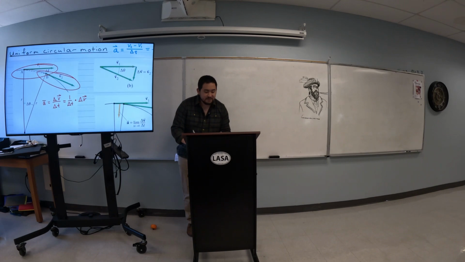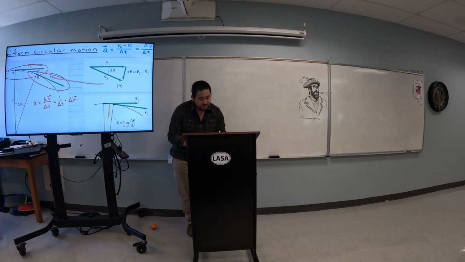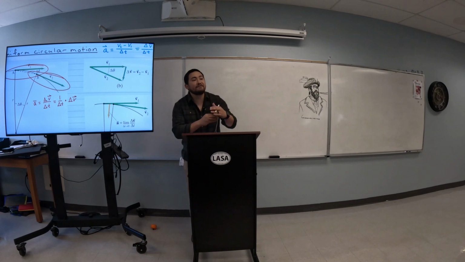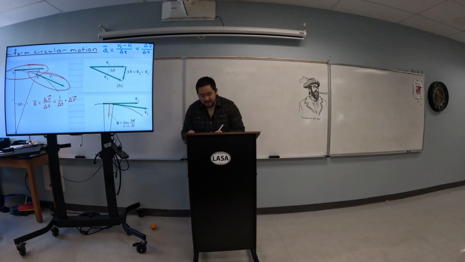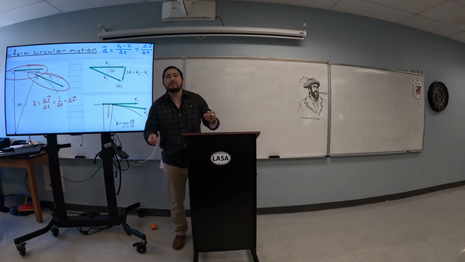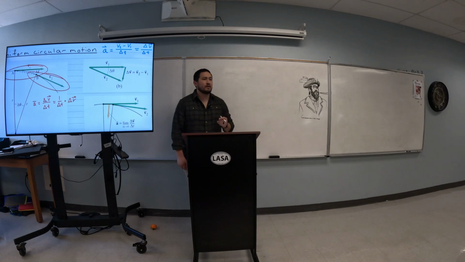Notice that this vector corresponds to vector 1, and this vector corresponds to vector 2, and if I put them together to take a graphic vector subtraction, then I'm going to have this vector, which I can now call delta v because it's the difference between my two vectors. Does that make sense to everybody?